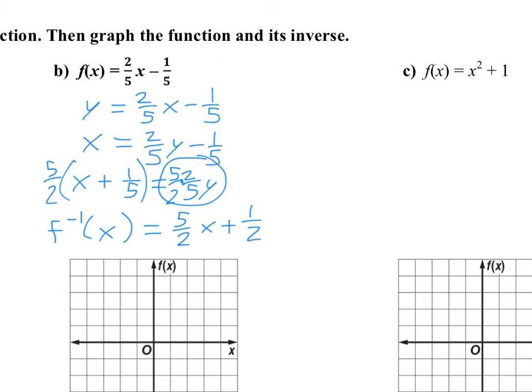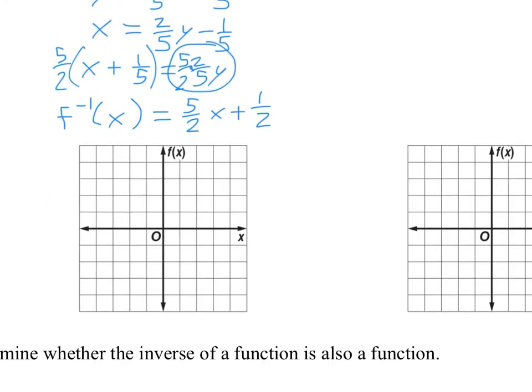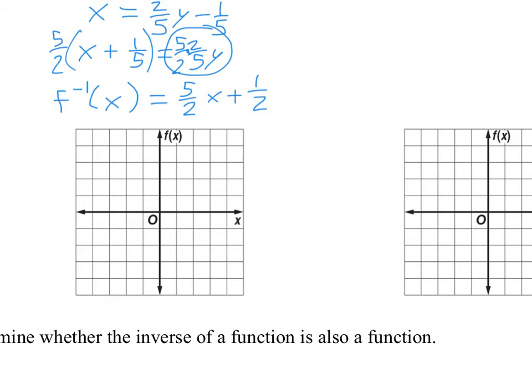All right, now I have to graph both. So I'm going to graph the inverse first. The inverse has a y-intercept of 1/2 and a slope of 5 over 2. I don't have room to go up 5. So 5 over 2 is 2.5.